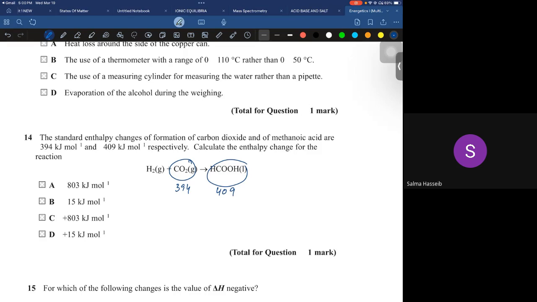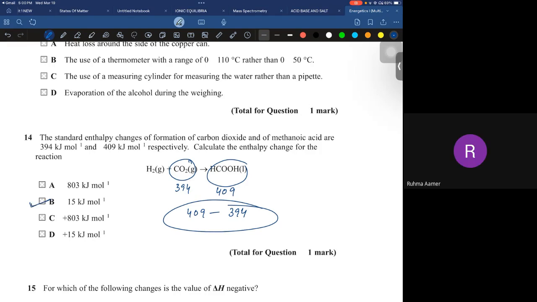So I would be applying the formula, that is product minus reactant. Product is 409, reactant is 394. So the answer would be B. Question 15.